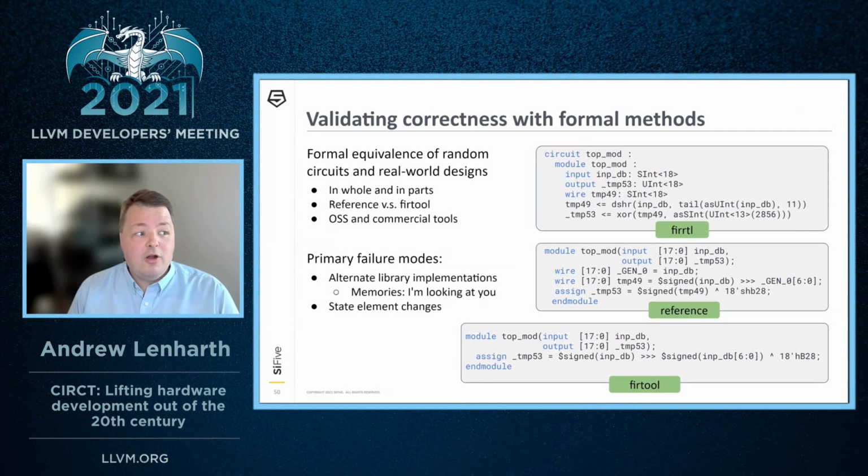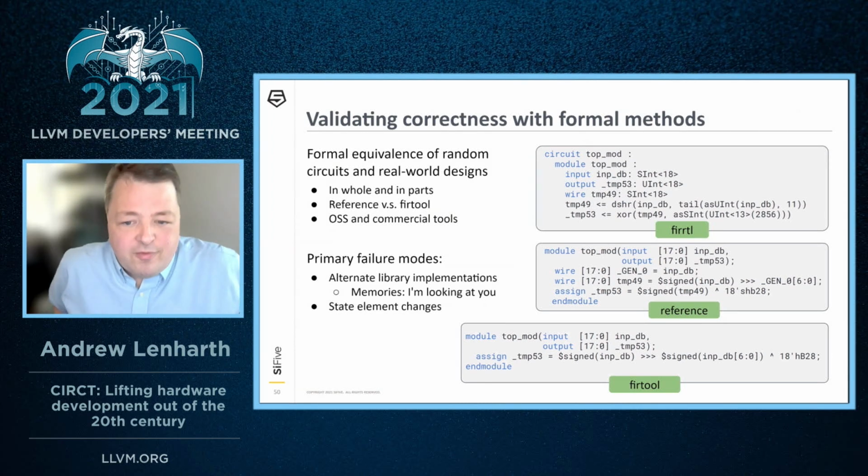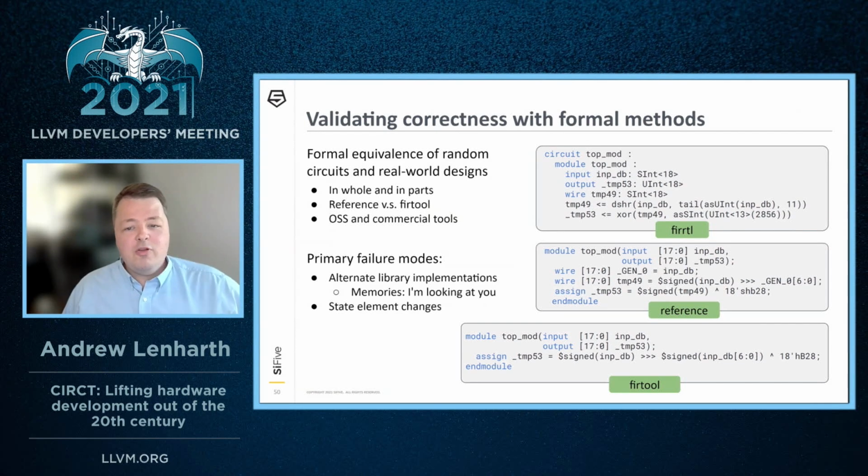We're doing this for all of our cores internally and subcomponents thereof. And this has been really helpful for finding bugs, both in interpretations of specs and in all of the really weird corner cases that exist in Verilog.